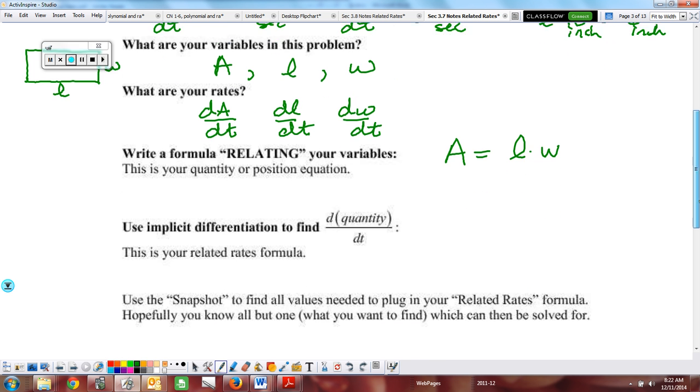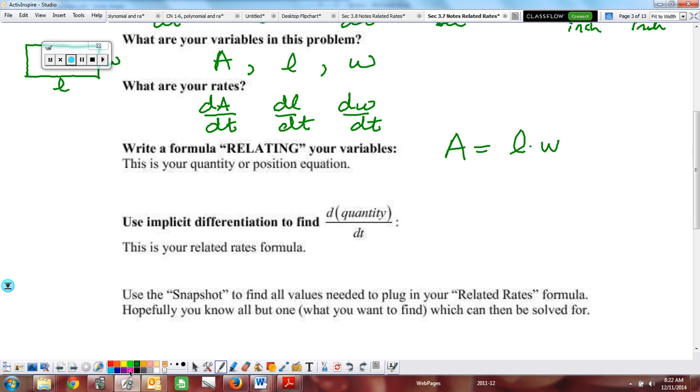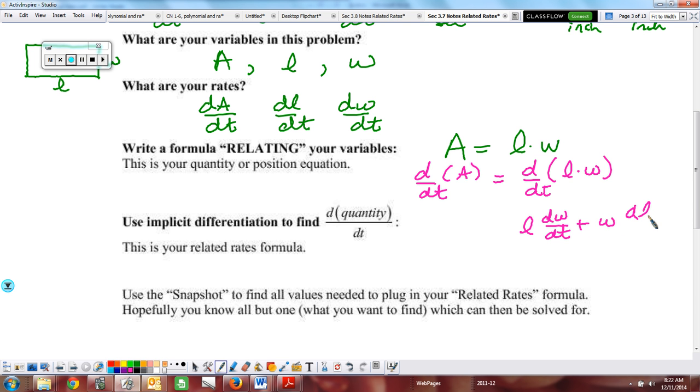I'm going to take the derivative of my quantity formula implicitly with respect to time. So I show that I'm taking the derivative with respect to time. We did this on the first page as one of those skills. We would have L dW/dt plus W dL/dt for dA/dt.